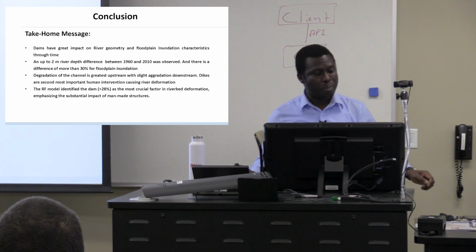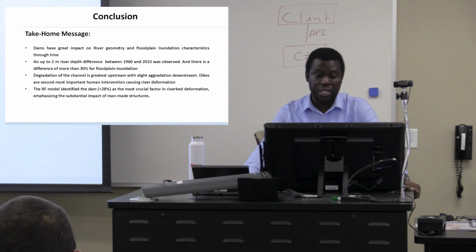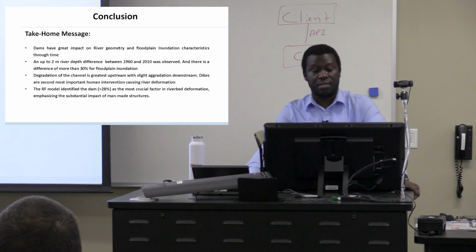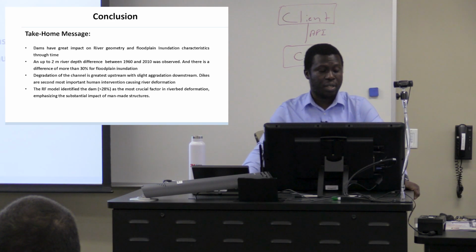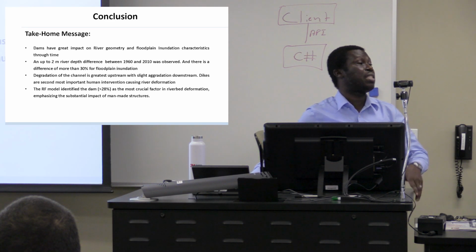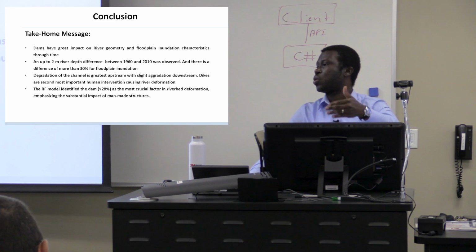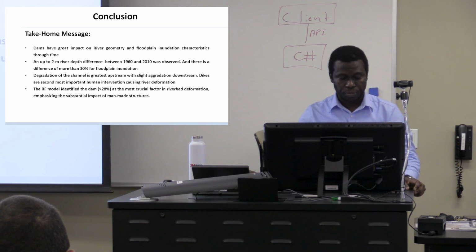So what is the take-home message? That dams have great impact on river geometry and floodplain inundation characteristics through time. In some cases, there are differences of up to 30% for floodplain inundation, and degradation of the channel is highest closer to the dam, and it varies downstream, and aggradation also varies with degradation.